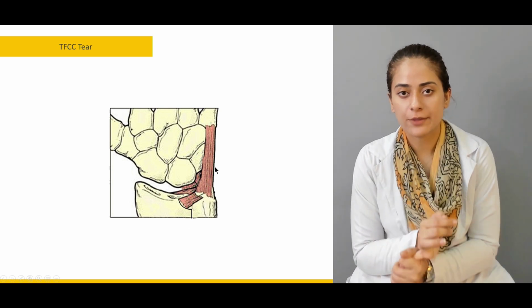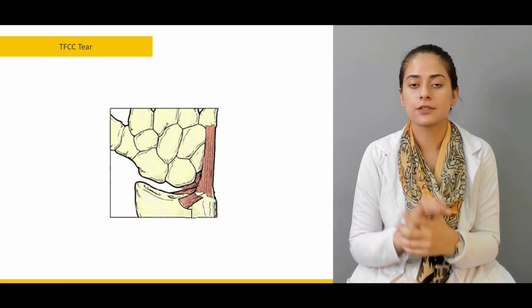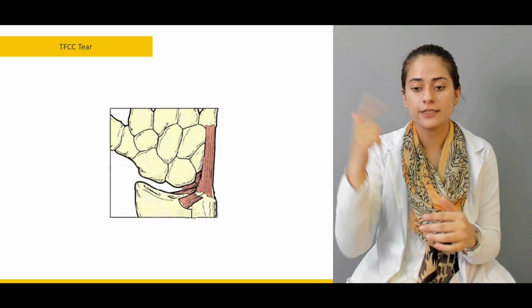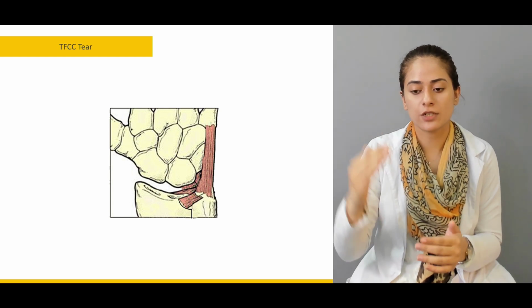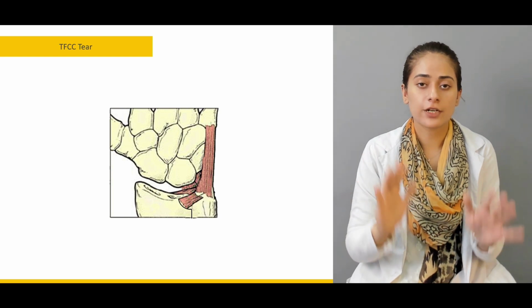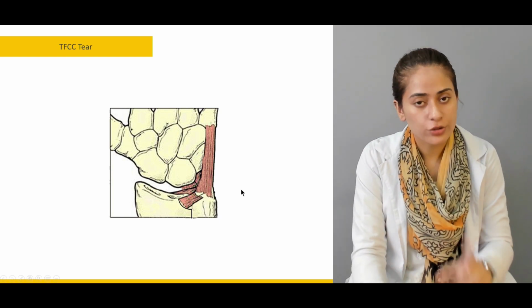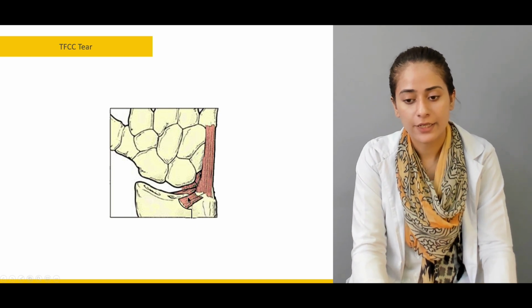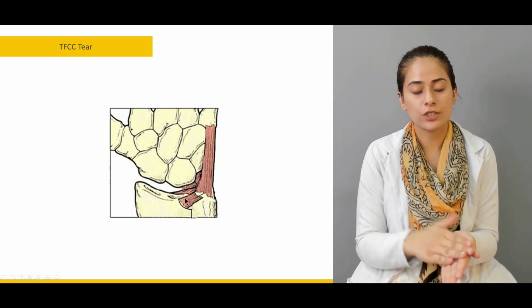So a couple of ligaments, 4 to be exact, are attached to the ulna, the radius, and the carpals and metacarpal bones, and they form the triangular fibrocartilaginous complex. The most important among all those 4 ligaments is this one, which is the radio-ulnar ligament.